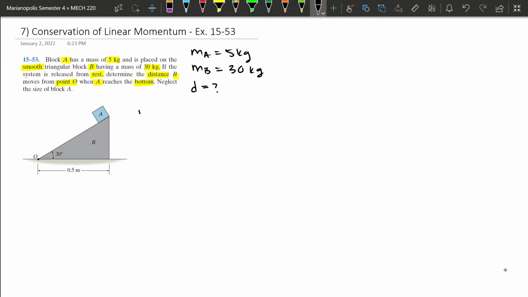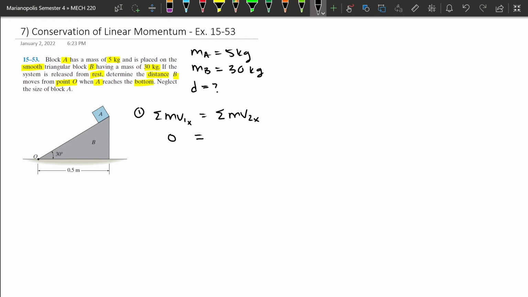The first thing I'm going to do is look at the conservation of linear momentum, and specifically in the x direction, because momentum is conserved in the x, y, and z directions. But here I know that B is only going to move to the right, so I'm just going to take the x direction. We start from rest, so the left side is just 0.